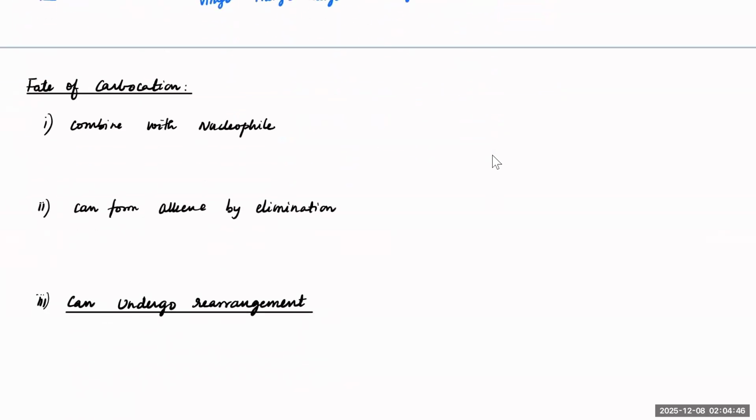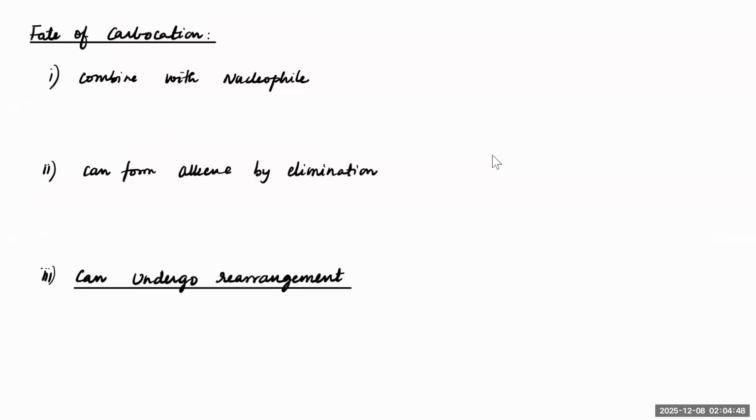Now let's notice the fate of carbocations. Fate means what would happen to the carbocation. Any intermediate, for that matter, has a lifetime of not more than some milliseconds.